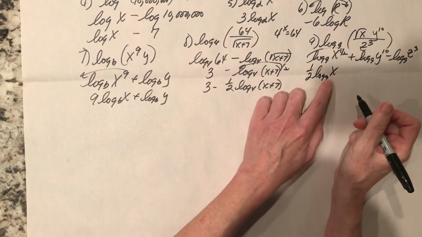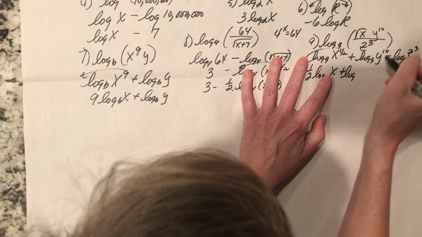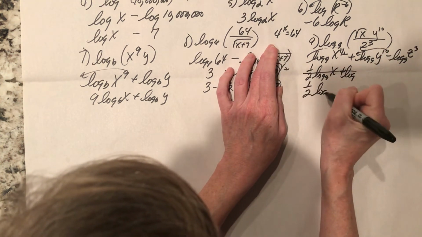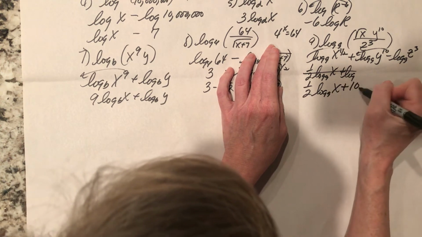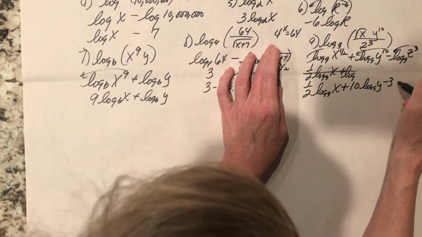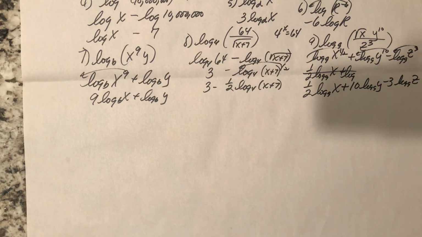There's no way we can turn a g into an x. Plus 10 goes out in front. 10 times log base g of y, and then sling that 3 in front, minus 3 log base g of z.